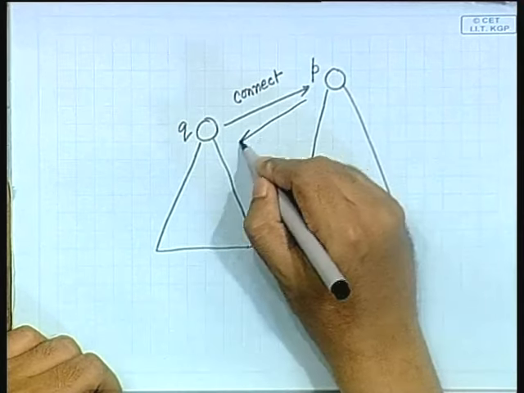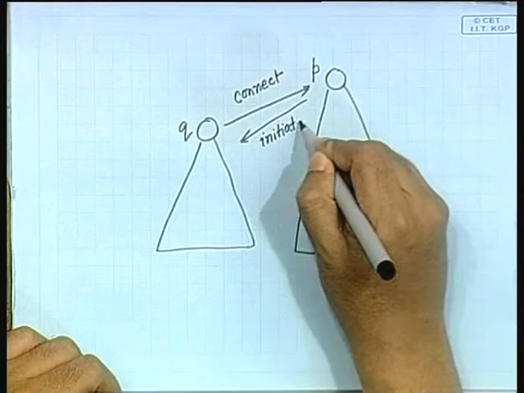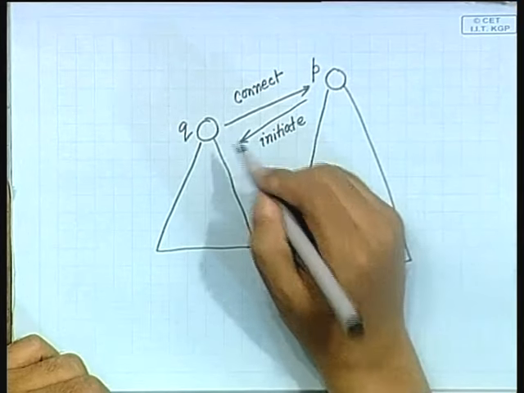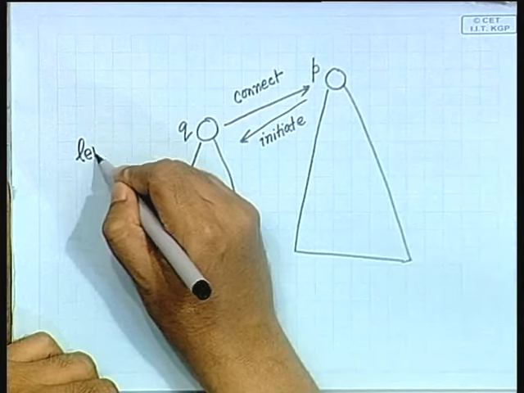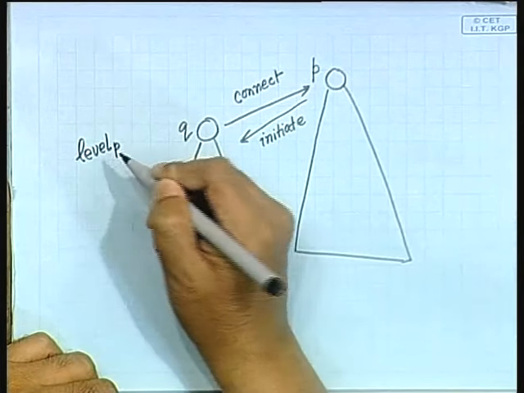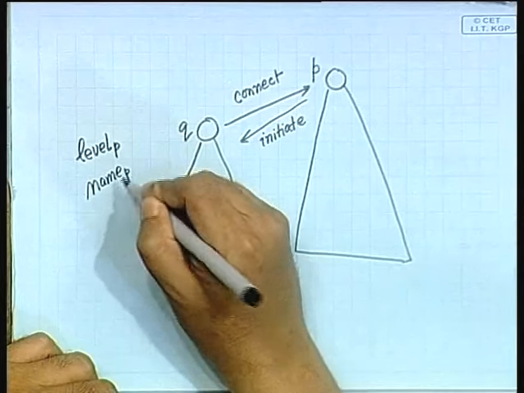P will send an initiate message to Q with level P, with name P and state P.